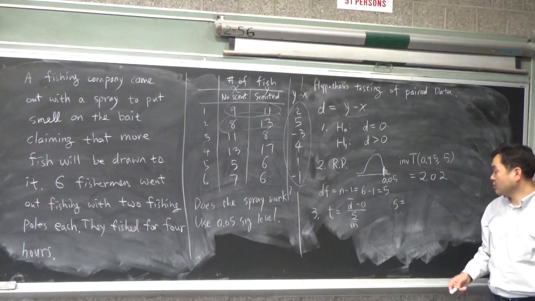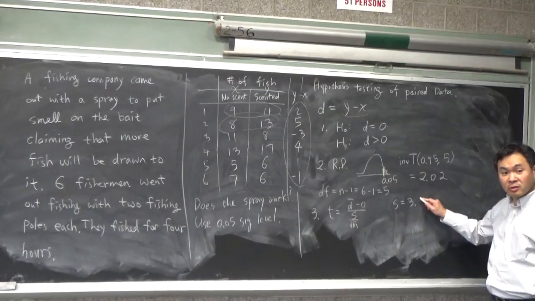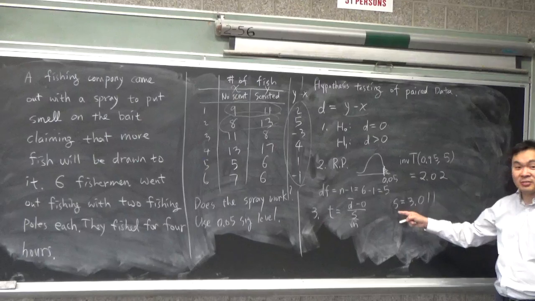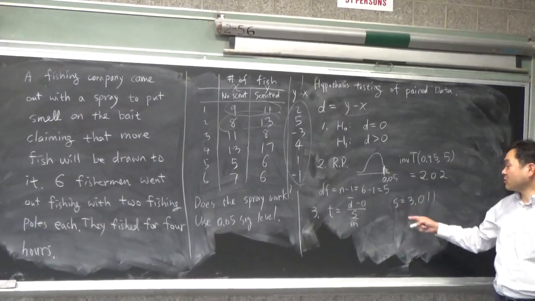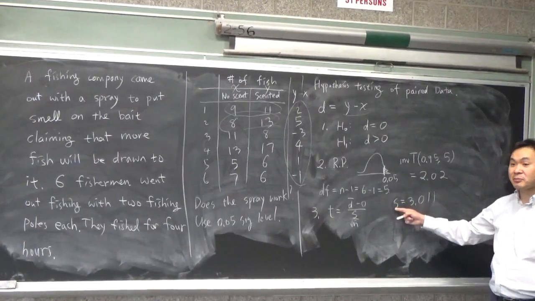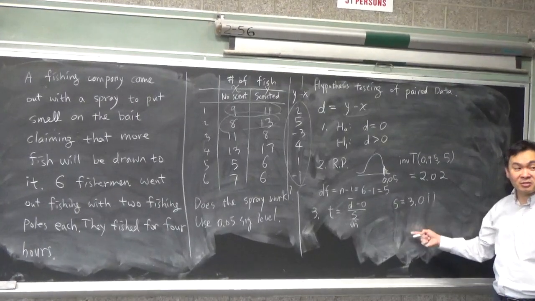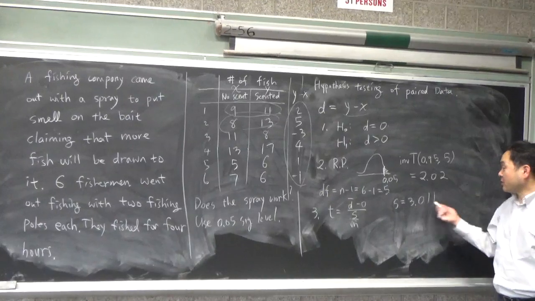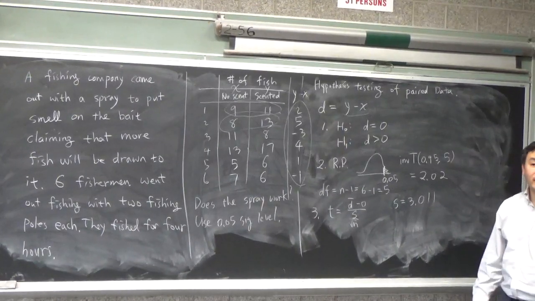Should be 3.011. You got 3.011. So you have to be careful. There's a sigma and the s. S is slightly bigger, okay? Because s is the one that's obtained by dividing by 5. Sigma is the one that's obtained by dividing by 6. So s will be bigger. Is that okay?